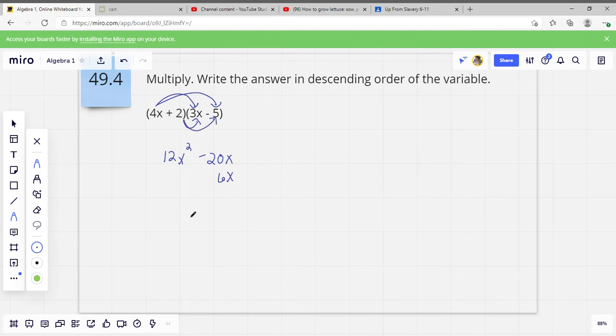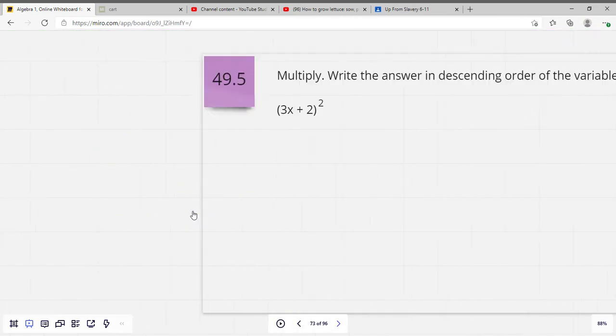And 2 times 5 would be negative 10. Now I'm just going to add my like terms. So I've got 12x squared minus 14x minus 10. Descending order of the variable means our squared comes first, then our 1, and then no variable.